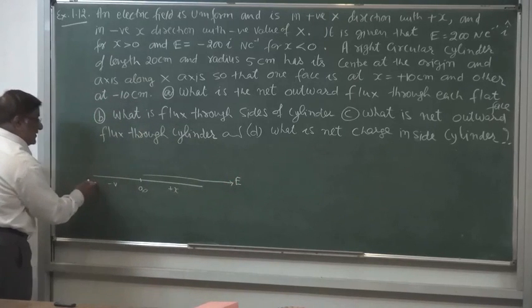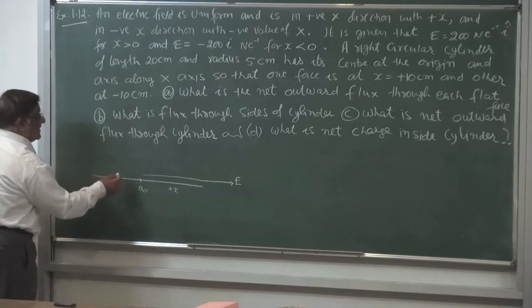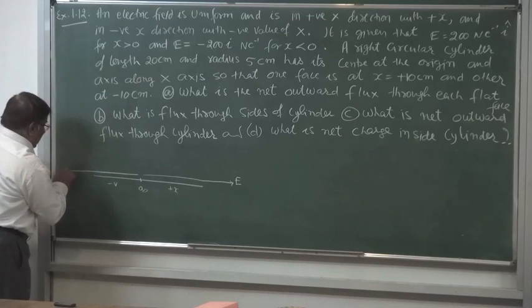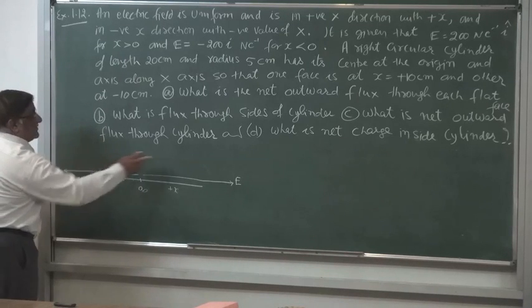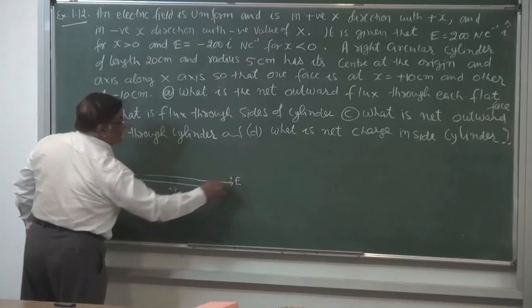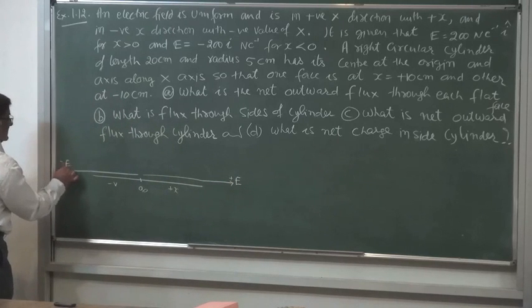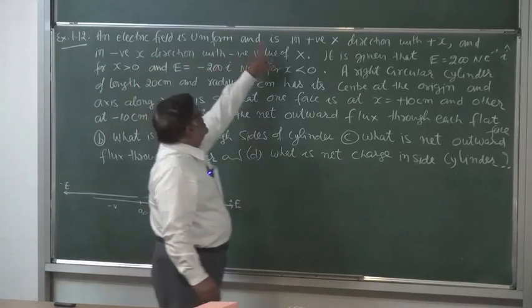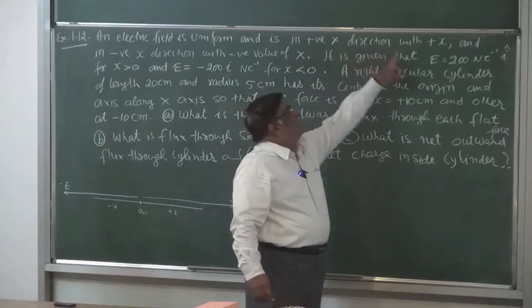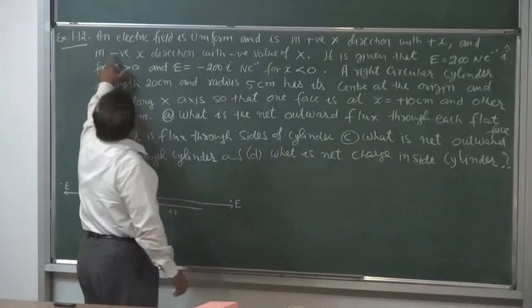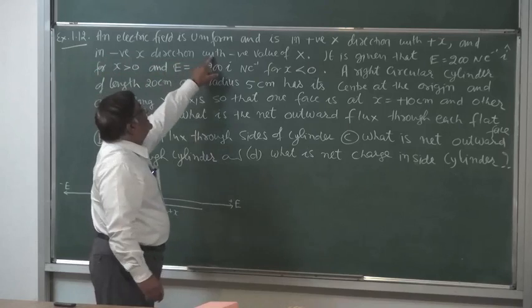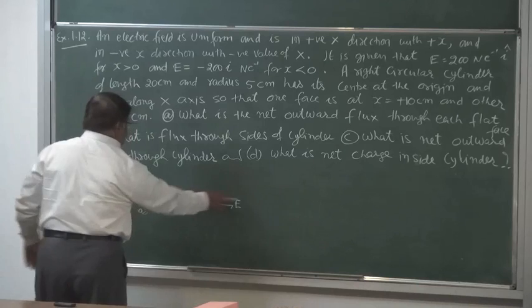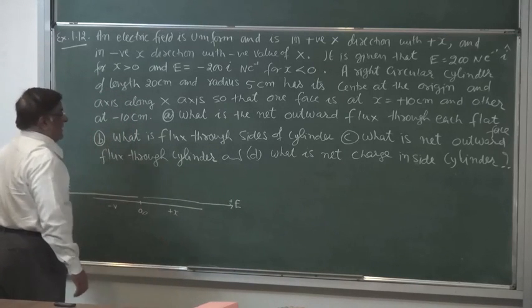With x less than 0, in negative direction of x, the electric field is also negative. That means the electric field is in this direction. This is negative direction, that is positive direction. So this is plus and this is minus. How do we come to know about it? It is positive in positive direction and in negative x direction, it has negative value. Okay. So positive in plus value, negative in negative.